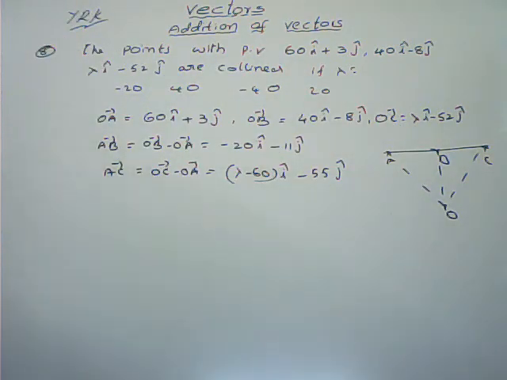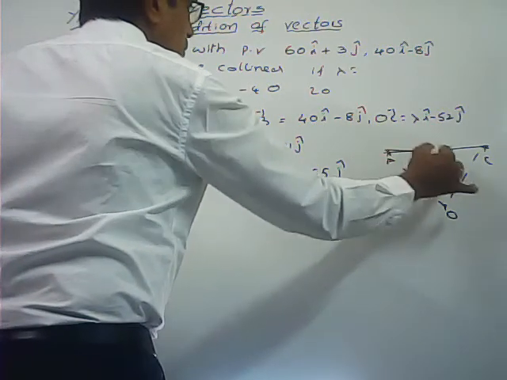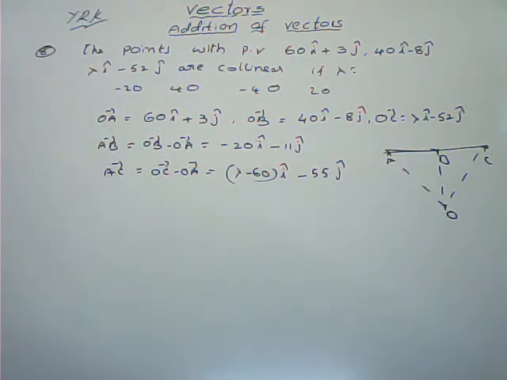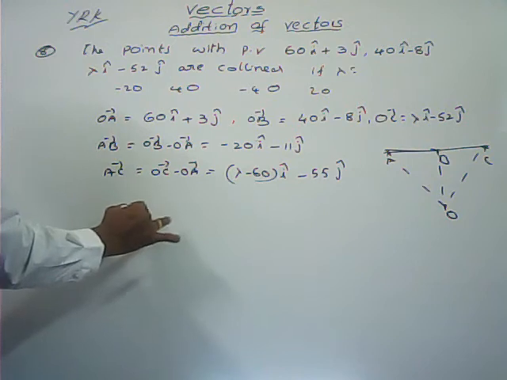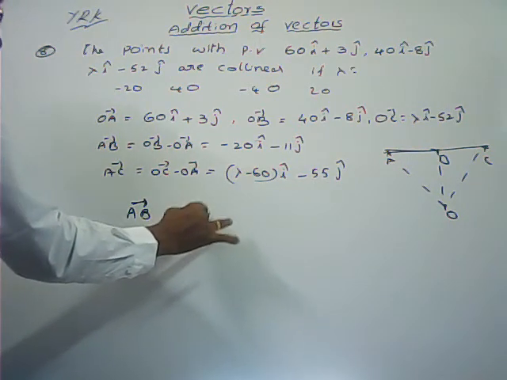Now, if the 3 points are collinear, here you can take any two vectors, AB bar, AC bar, or AB bar, BC bar. If they are collinear or parallel, as we already discussed, we can express one vector in terms of another one by multiplying with a scalar.